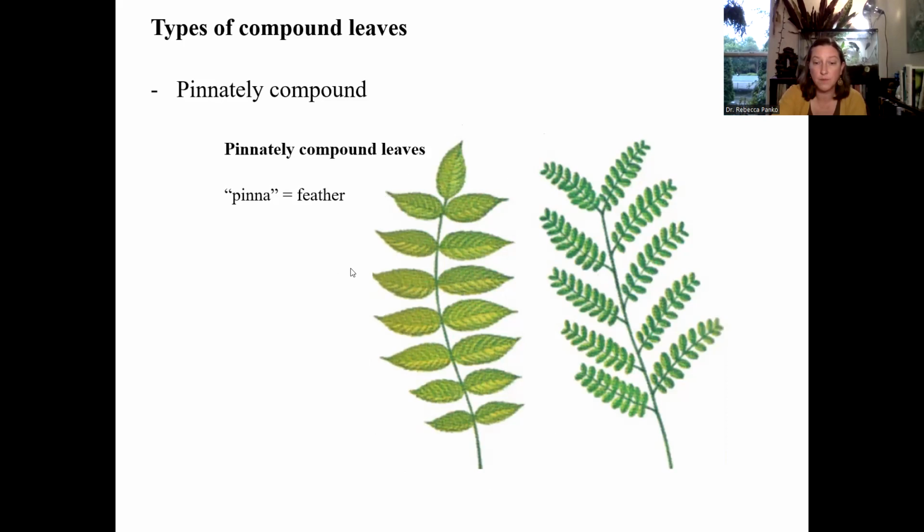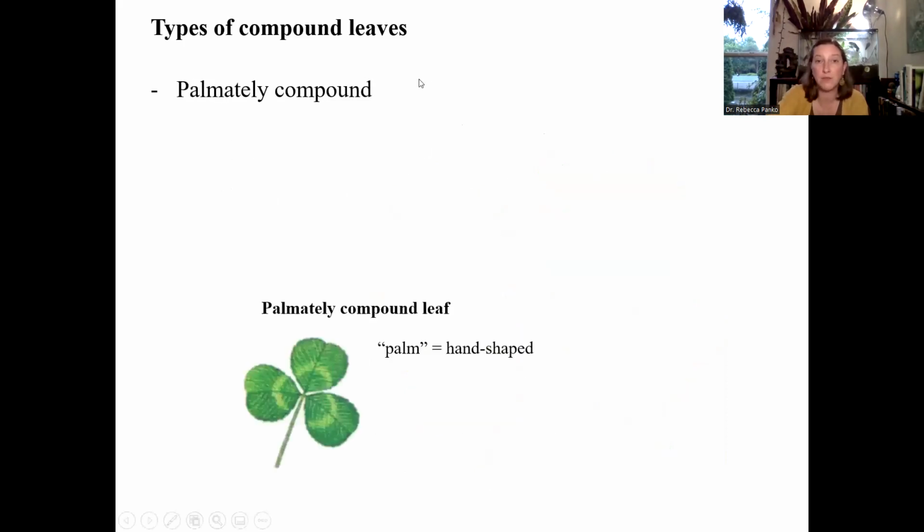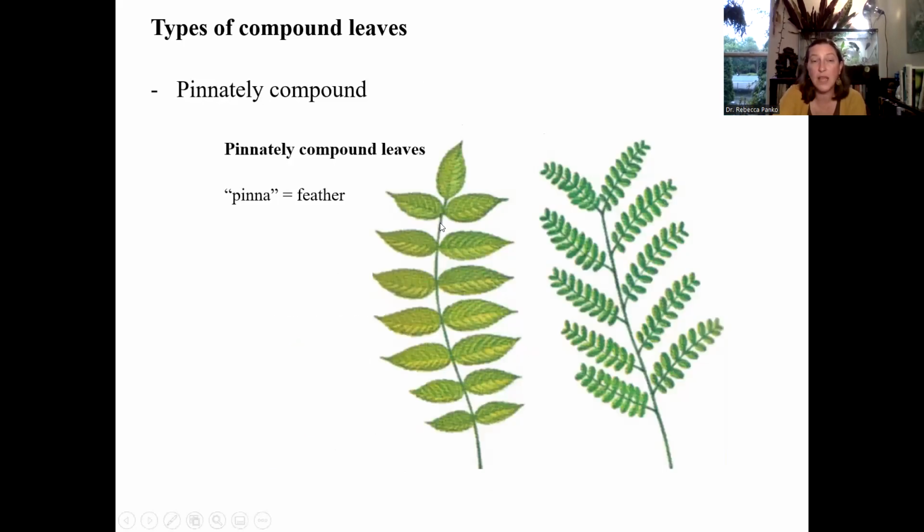And notice with the palmately compound leaf, they're all coming out of a central location, whereas in the pinnately compound leaves, they're all coming off the rachis, right? So here's that rachis again. Here's the rachis. Here's the rachis. And notice that all of the leaflets are coming off of that rachis, not a central location, right?